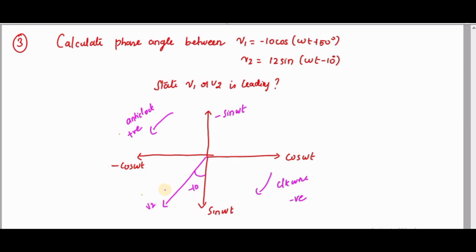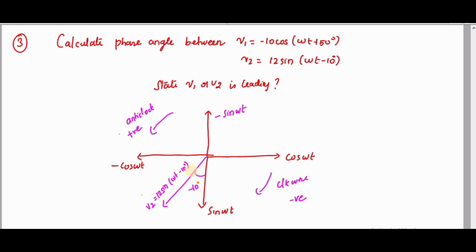This is nothing but your 12 sin(omega t minus 10 degrees). From sin omega t, it has to go clockwise by 10 degrees. So this is how my V2 is.